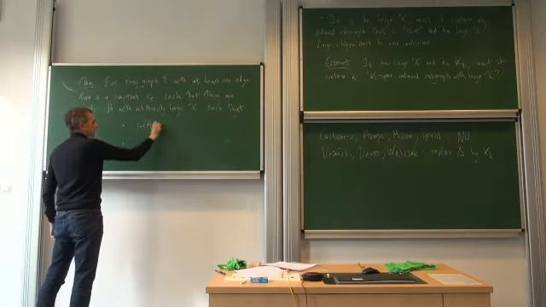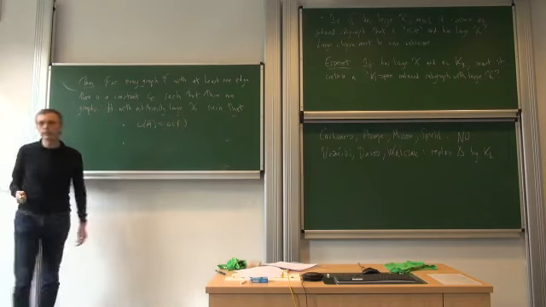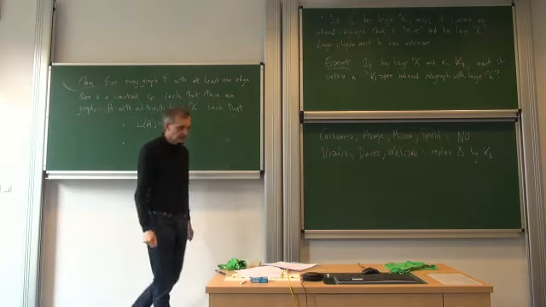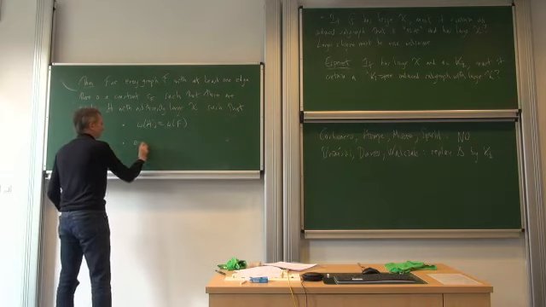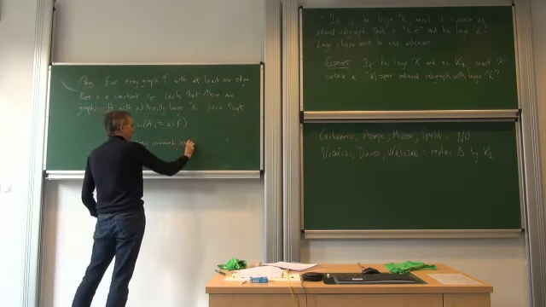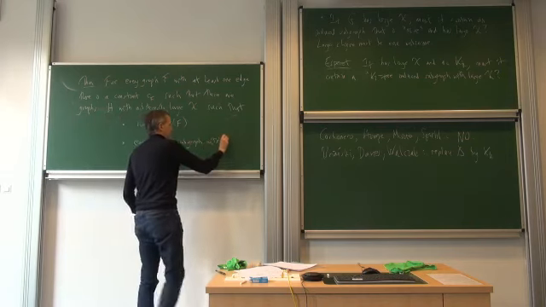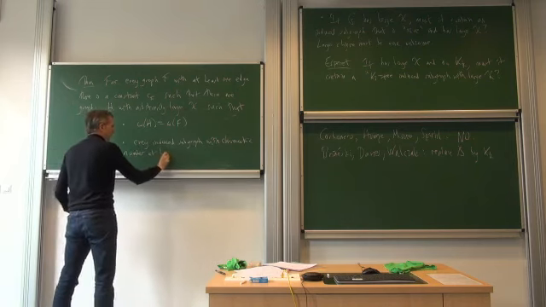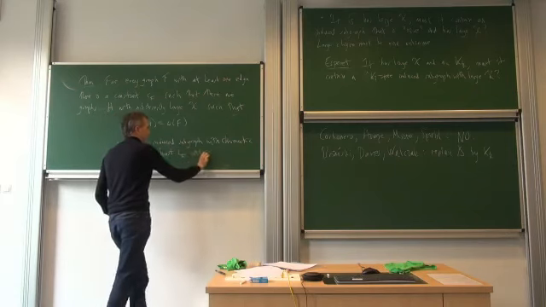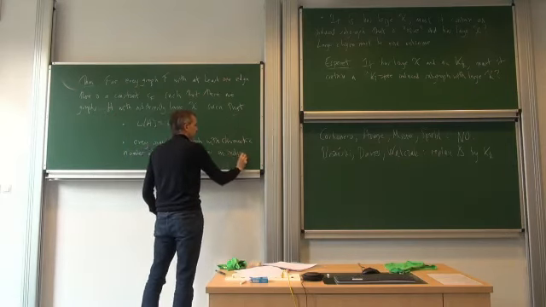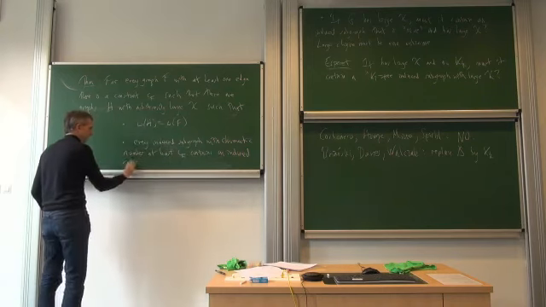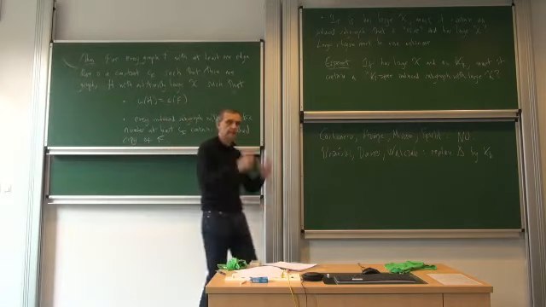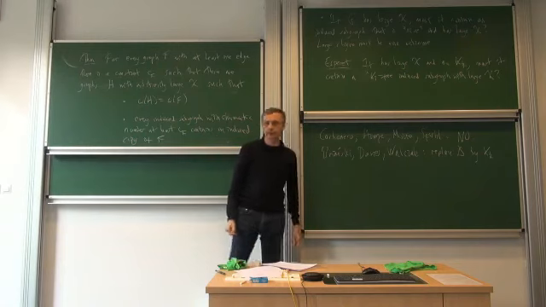They have the same clique number, omega, writing omega for the size of the largest complete subgraph, as F. And secondly, every induced subgraph of H with large chromatic number contains an induced copy of F. So any induced subgraph with large chromatic number, bang, you get a copy of F.